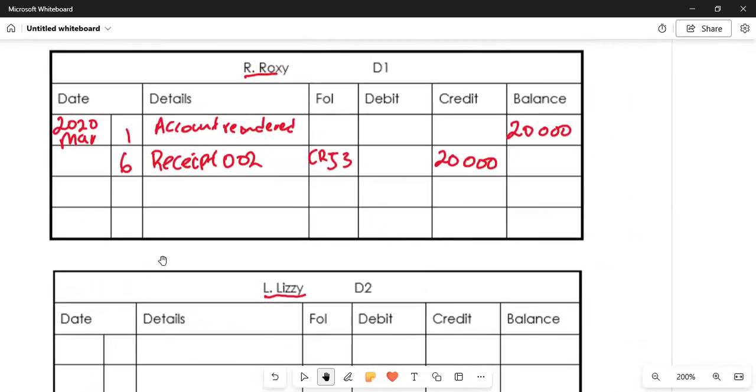Here we are. So we are going to say on the 18th, we have this invoice, F654.